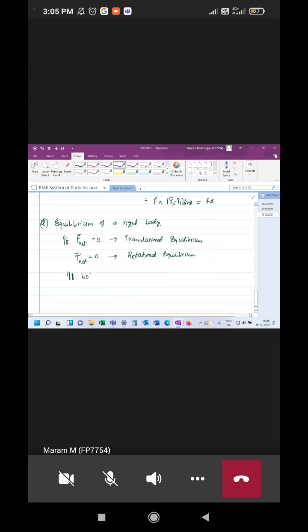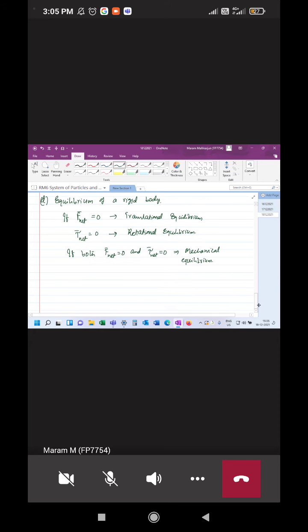If both F net equal to 0 and net torque is also equal to 0, then we call it mechanical equilibrium.